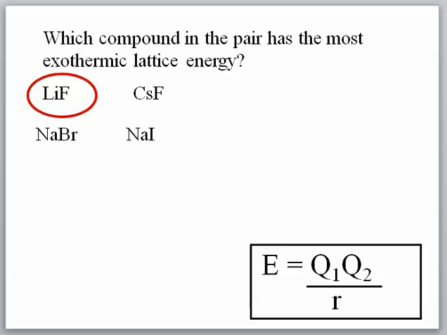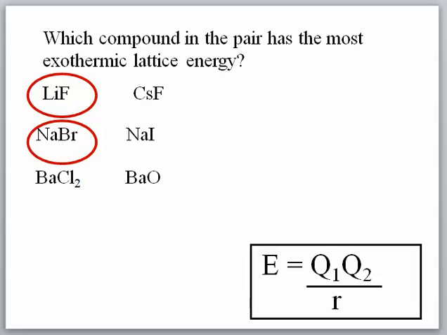So if the charges are equal, we're looking at radii. Sodium is the same, but your iodine is a much larger ion. Therefore, your nuclear centers cannot get as close to each other, so your lattice energy is not as strong in sodium iodide as it is in sodium bromide. When sodium bromide forms, it releases much more energy and forms a much stronger bond than sodium iodide.